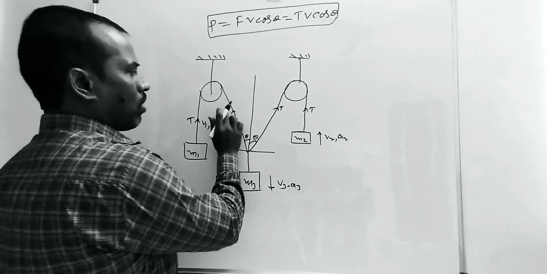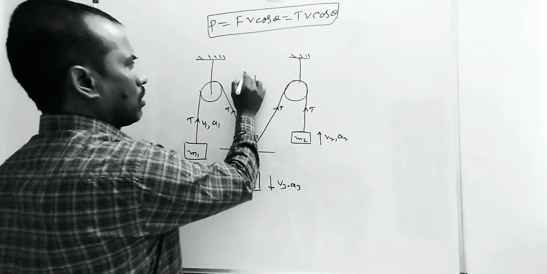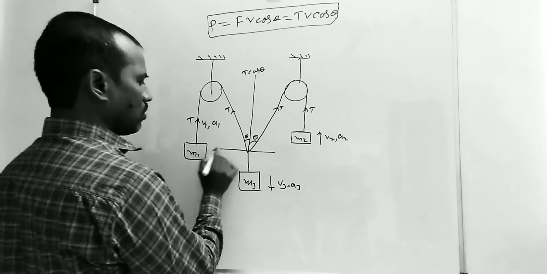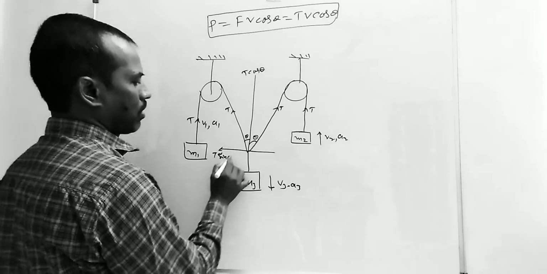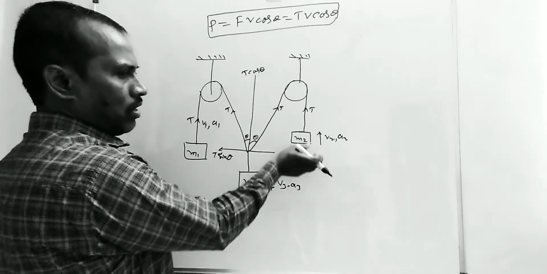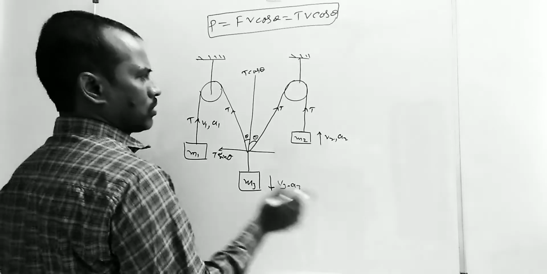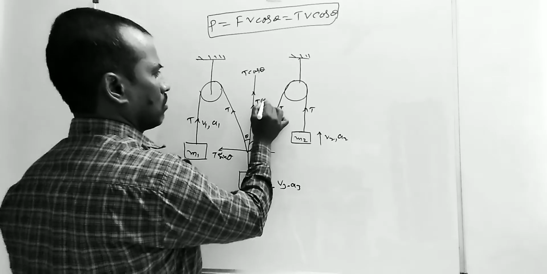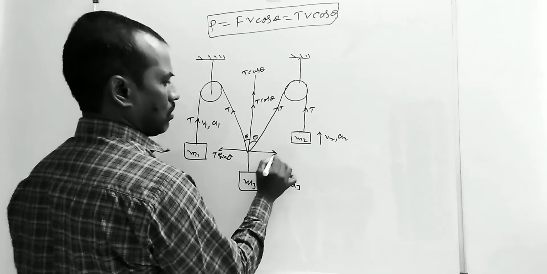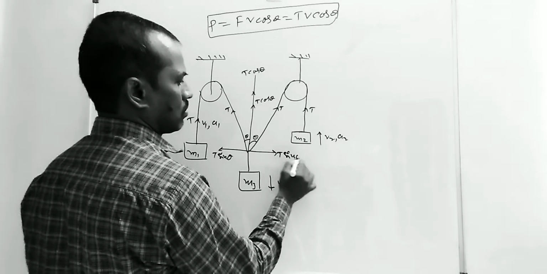So in the vertical direction the component is T cos theta, and in the horizontal direction it is T sin theta. This is resolved into two mutually perpendicular components: one is T cos theta, the other is T sin theta.